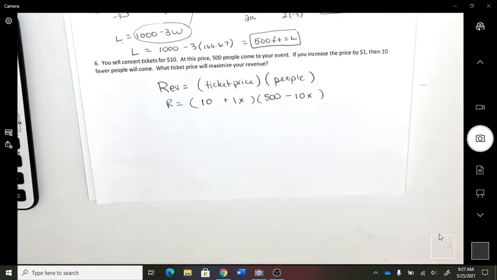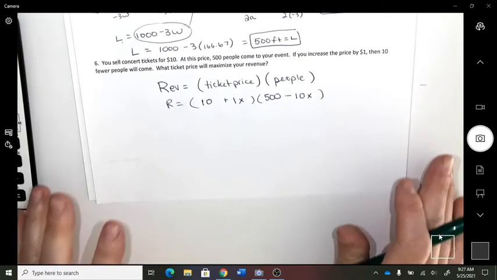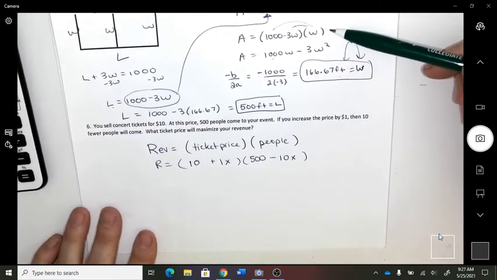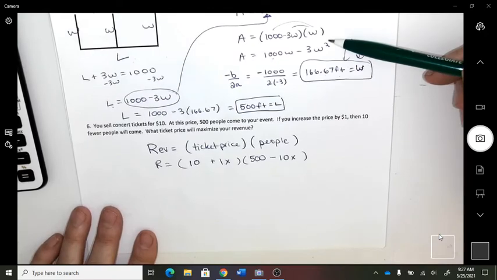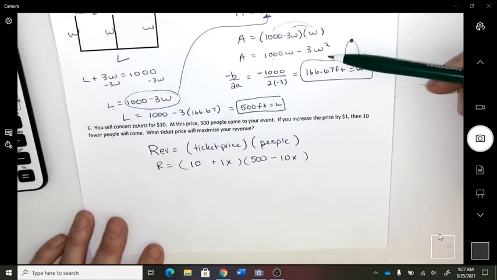Okay, now what? We're basically here. So what are our steps? Foiling it out, negative b over 2a.